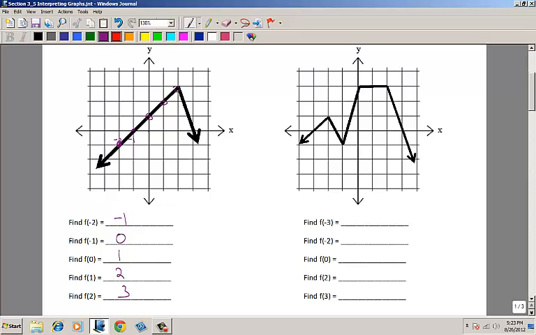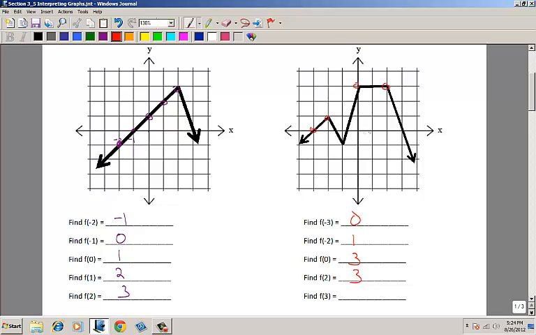Let's do the same thing with the graph over here. f of negative 3 has a y value of 0. f of negative 2, let's just round to 1 there. These graphs are not perfect. f of 0, call that 3. f of 2, I'm going to call that 3 as well.